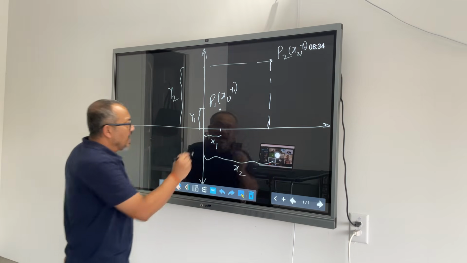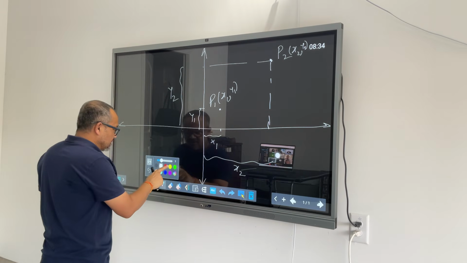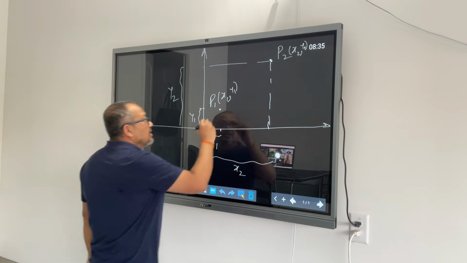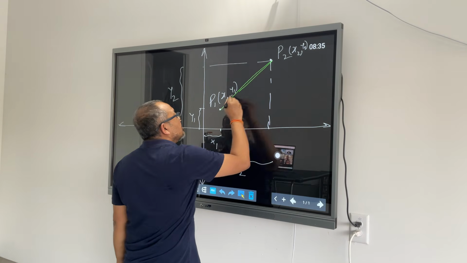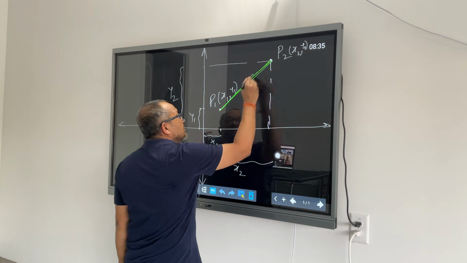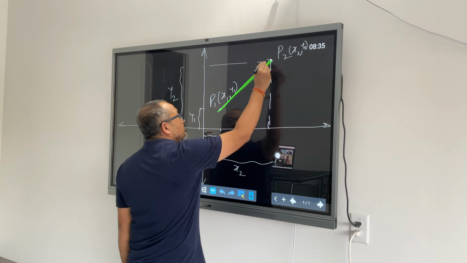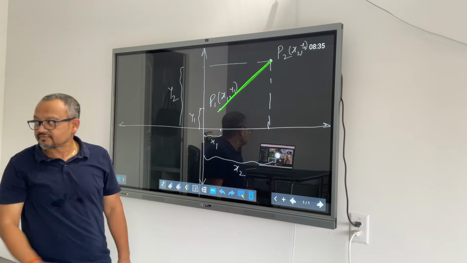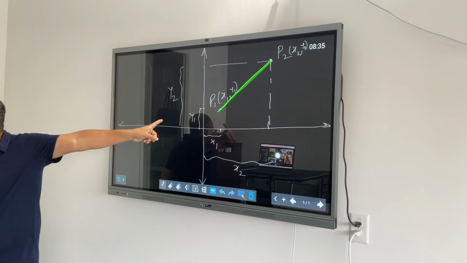Now, I am trying to find out this distance. Let me use a color that you guys might like. I am trying to find out the length of this green line, which looks pretty much like a parrot. I am trying to find out the length of this green line on the screen.